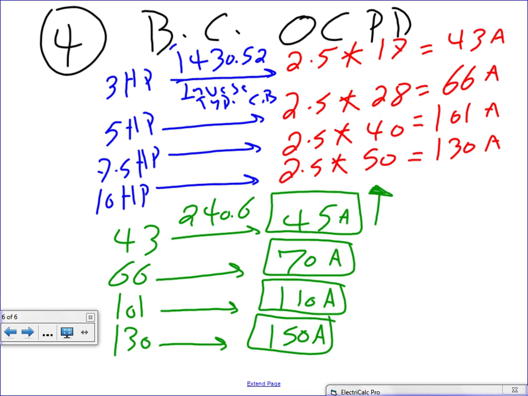I think there is a problem in the calculation. 2.5 times 28 is 70. This should be 70. I carried the numbers from the previous calculation down. The other one is 100.